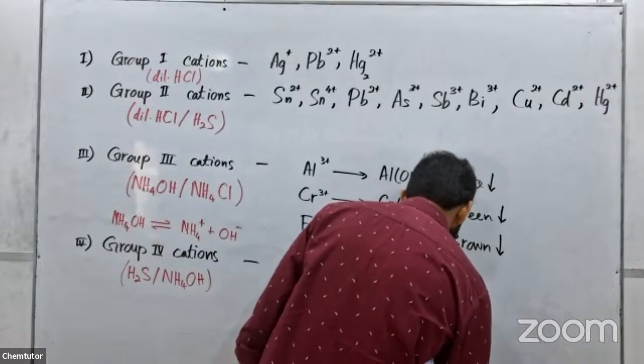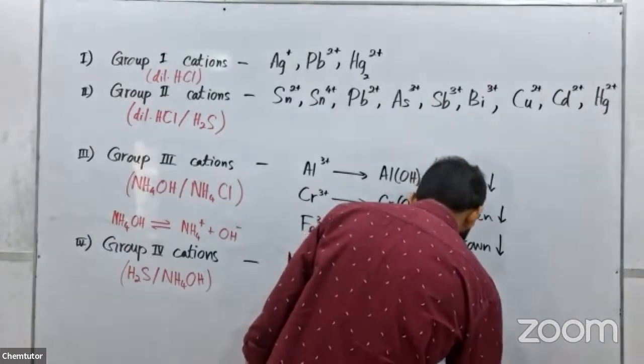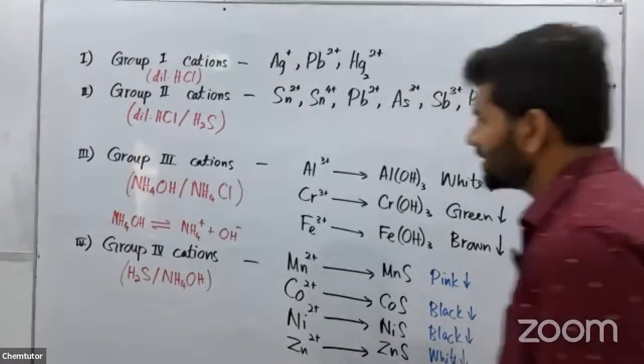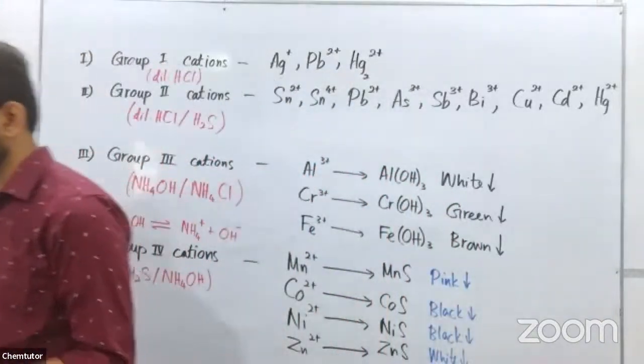And zinc sulfide is white. Right. You can mention their colors. Is it clear? Now we have learned about group 4.